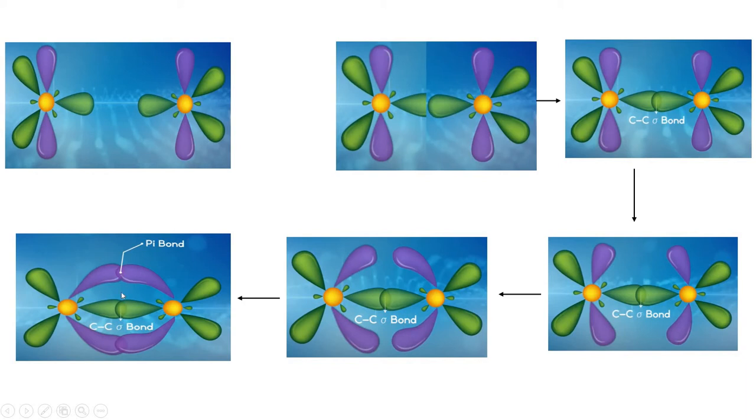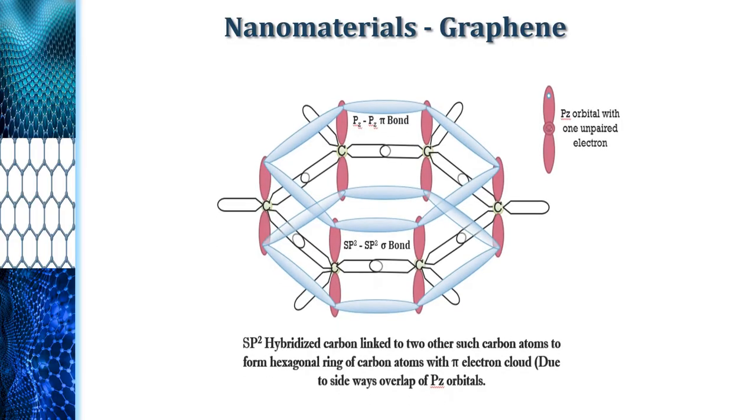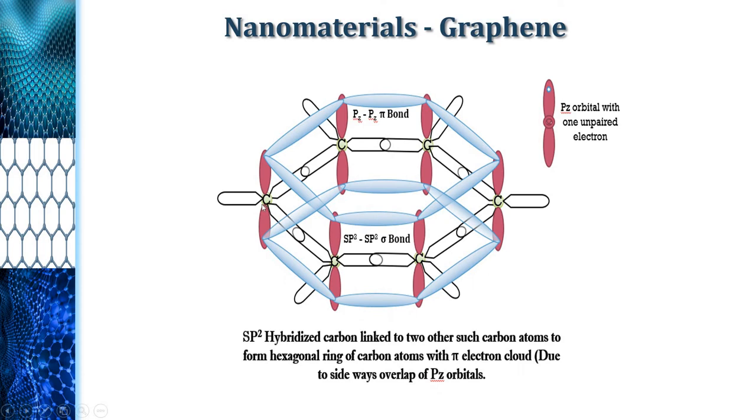So a pi bond is also formed, along with the carbon to carbon sp2 sigma bond between the carbon atoms. So this is how the hexagonal ring of carbon atoms is formed by the overlap of sp2 orbitals as well as the pz orbitals of the nearby carbon atoms.